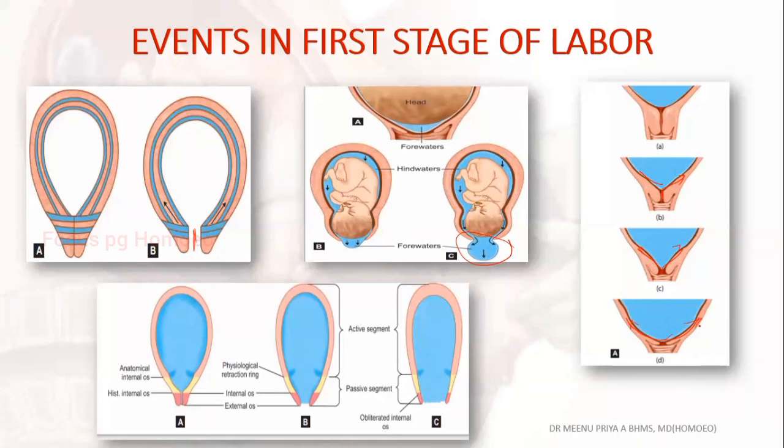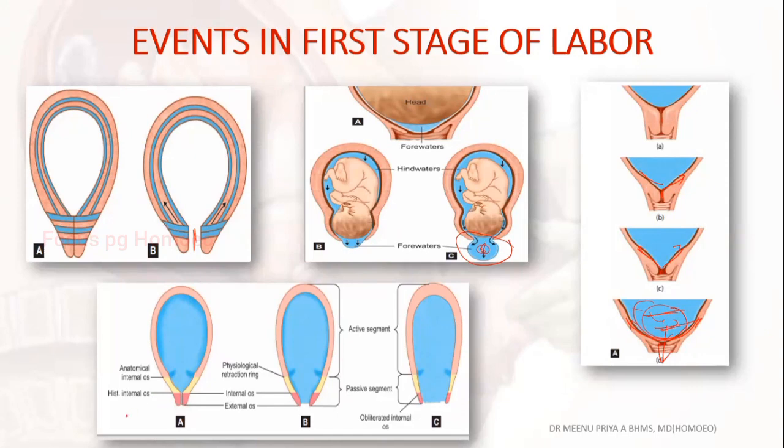So this is called effacement. Here you can see a little water putting pressure, and there are other factors also happening. Why? It is for the head to pass through the vaginal canal and for the expulsion of the fetus.